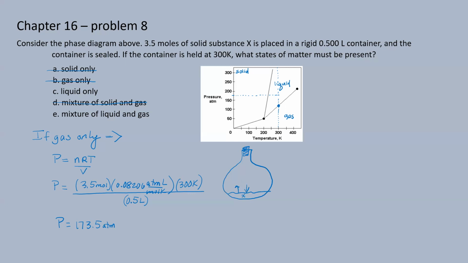So we have X liquid down here, X gas up here. So it's impossible to have a liquid only unless the liquid is filled all the way to the top, so there's absolutely no room in your container whatsoever. So that tells us that we're going to have a liquid and a gas.